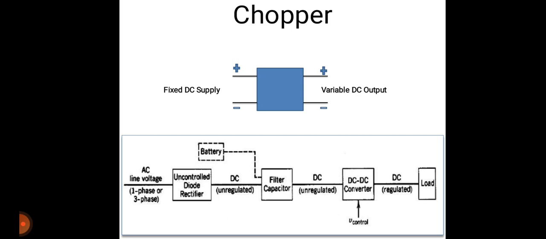Examples of such DC systems are subway cars, trolley buses, battery operated vehicles, battery charging, etc. In this figure, we show the circuit of chopper, which has an input of fixed DC supply and output of variable DC. The next figure is the block diagram of chopper circuit. Now we will see the operation of this.